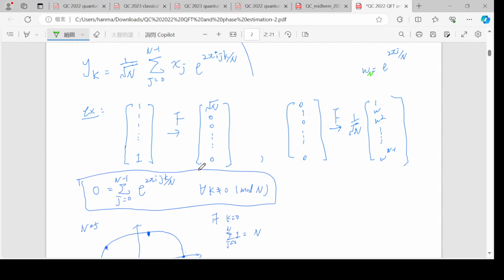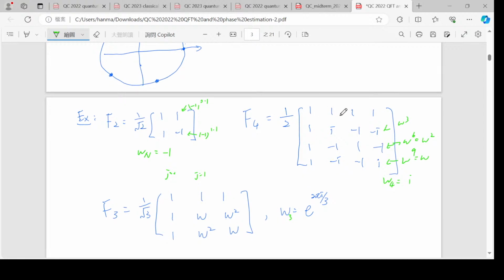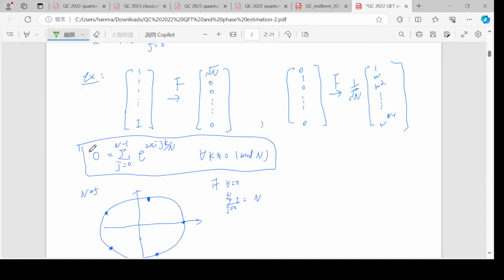This thing can be verified by this formula here. This is very important. You need to remember this, it is the basis of a lot of the Fourier transform calculations. It is basically the orthogonality between those columns. So what does this say?